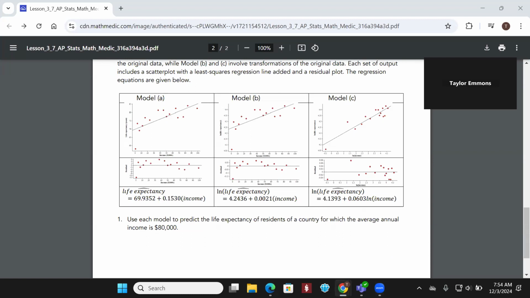So all you're doing on these 3 is taking 80,000 and literally plugging it into each equation. Is it 80 thousand or just 80? It's just 80, because I think it says in thousands, right? Okay. So you're going to plug in 80 into each equation.